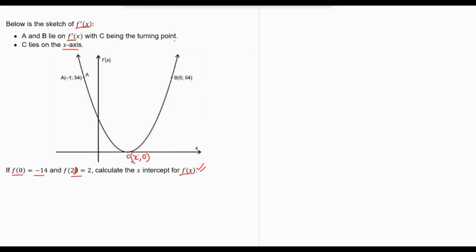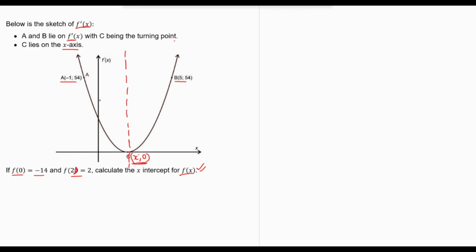We can find the x value because, remember, a parabola is symmetrical. So using the midpoint of A and B, we can find the x value for C. With the x coordinates of C, which is the turning point, we can find the equation of the graph of the derivative of f of x.